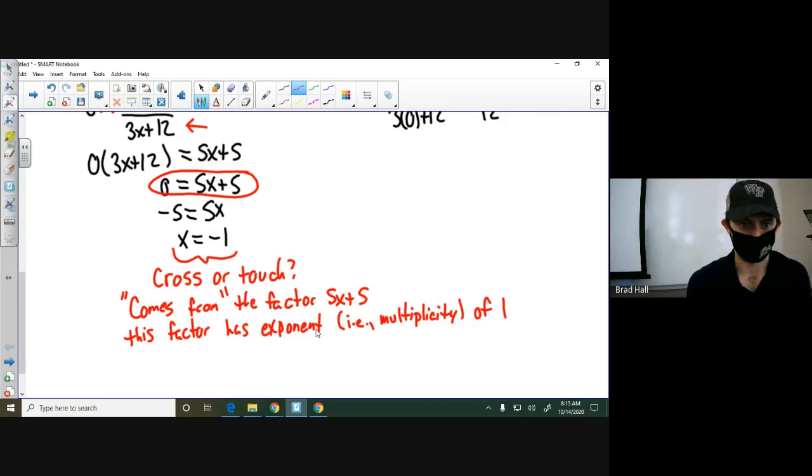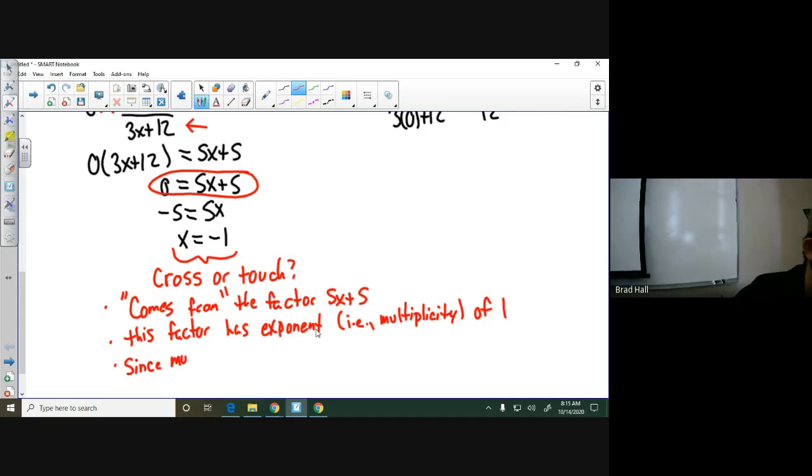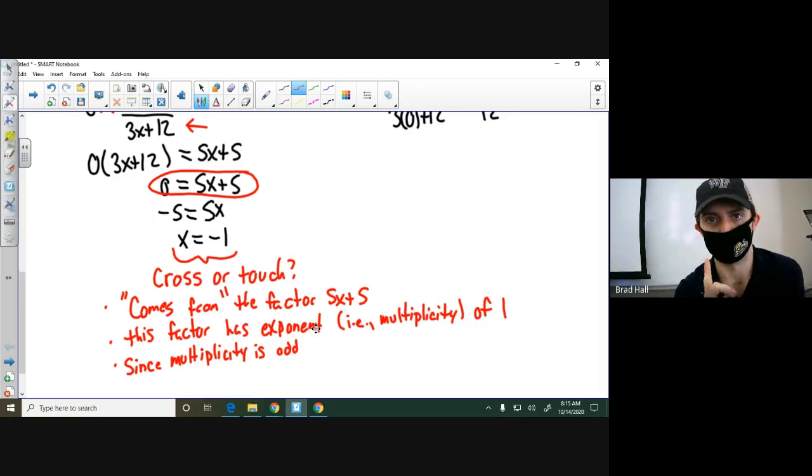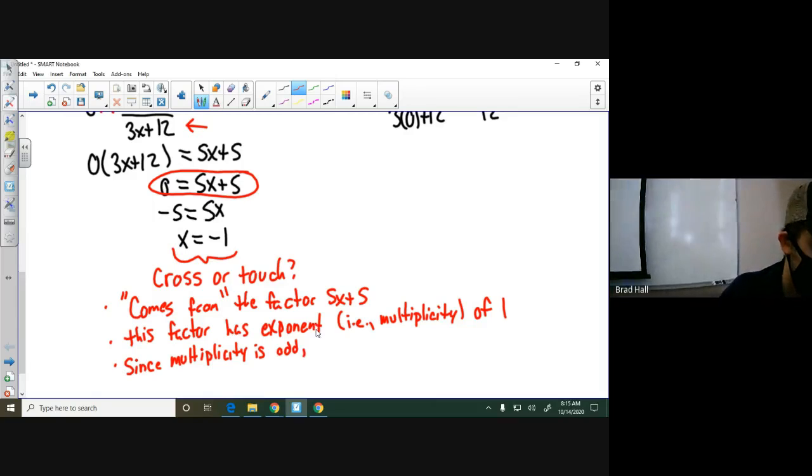So what does that mean? Since the multiplicity is odd, because one is an odd number, you choose crossing or crosses.